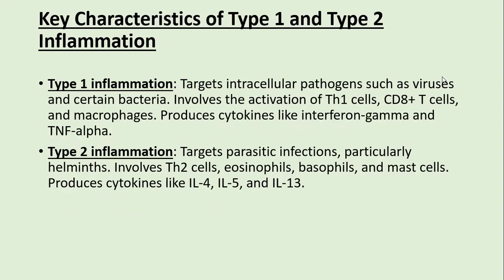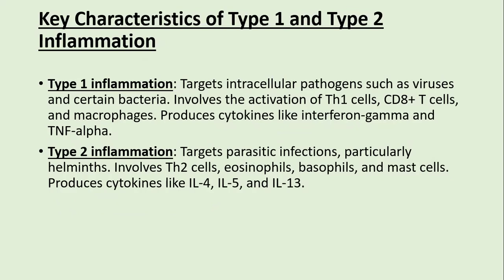So, the key characteristics of type 1 and type 2 inflammation. As already highlighted, the type 1 inflammation targets the intracellular pathogens like virus and bacteria. It starts with activation of T helper 1 cells.